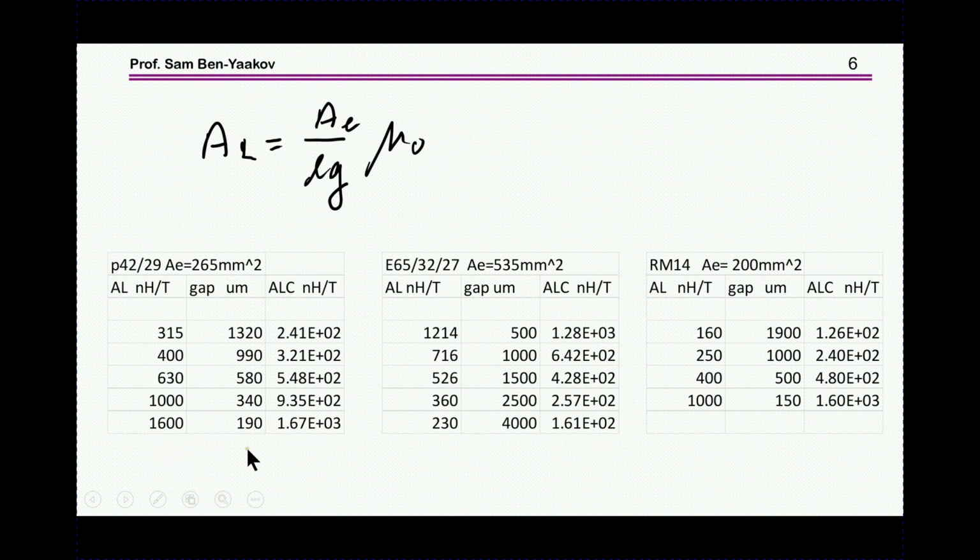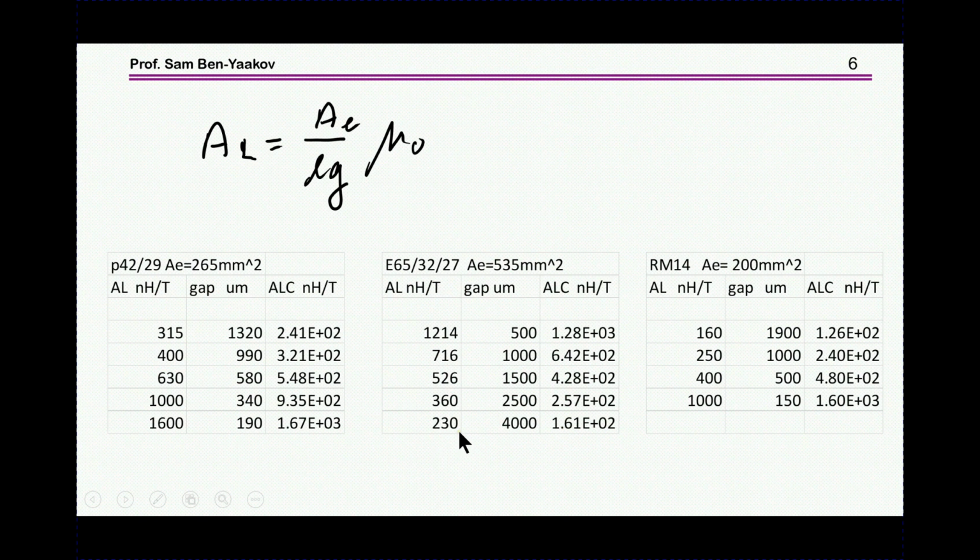So it's pretty close. And here again for this E65, we go up to a 4 millimeter gap. We see here 1200, approximately the same number. This is 700, 642, 526, 400. And here it's a little bit off.